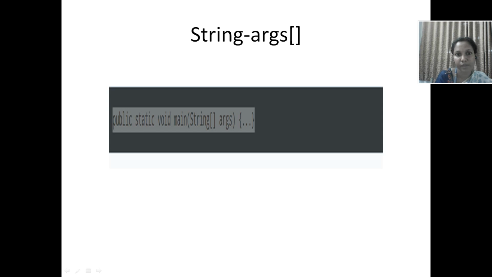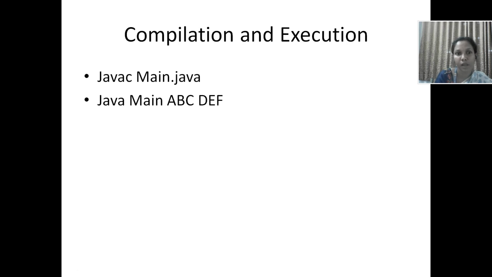String array. The main method takes an argument, and in this argument all the command line values are stored. How can we supply them? You can compile. We know it is a two-way system. We can compile the program, and whenever we are executing the program with java space main, we can supply the command line values.